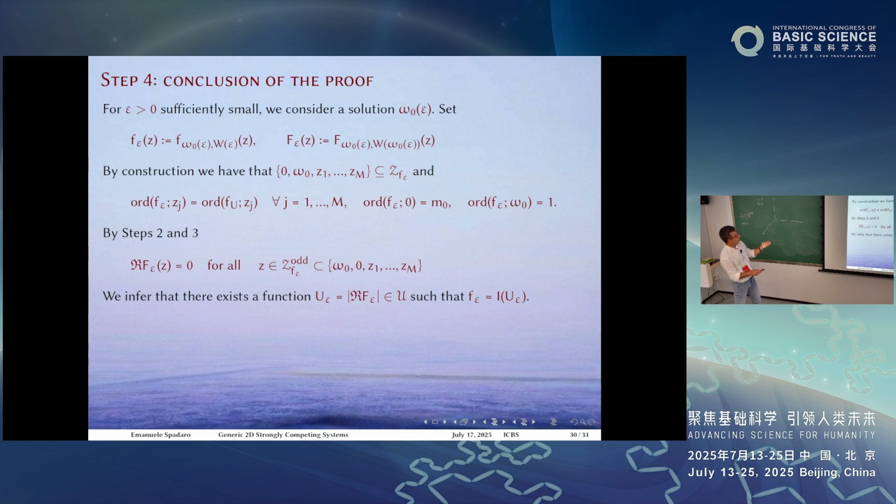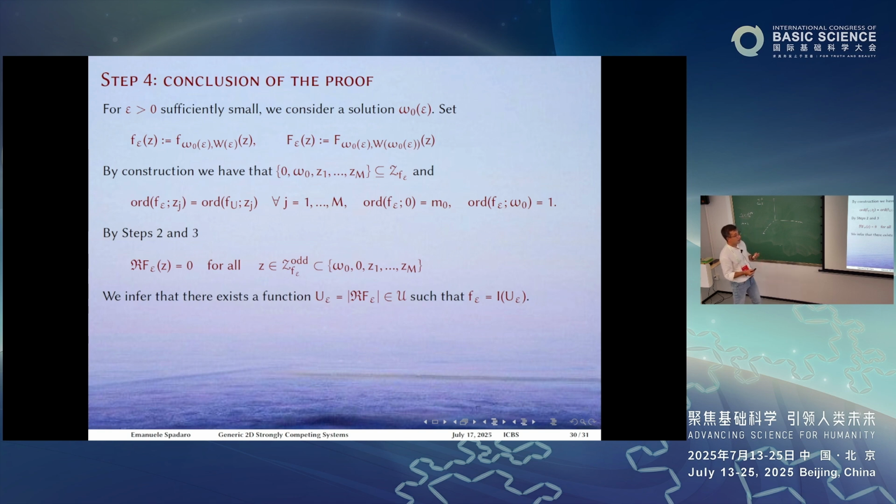And now you see the orders of this new holomorphic function are the ones I was declaring in the lemma. So the order is unchanged for the zj, order 1 for the new zero, order reduced by 1 at z0. So this one has a real part which is 0 on all of the critical points. So it comes from a solution, it is a Hopf differential of a solution.